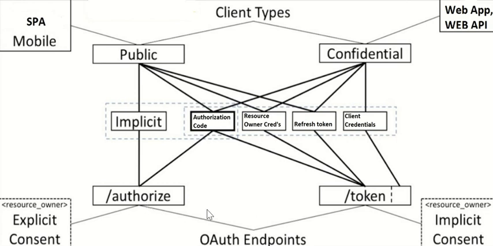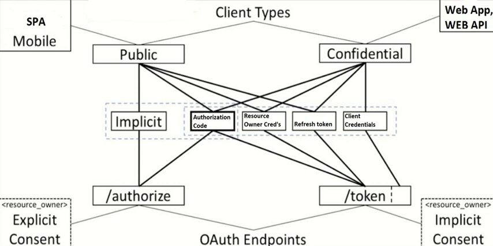That's all I wanted to explain. And when it comes to resource owner credentials, if you see the lines, it doesn't go to slash authorize. Resource owner grant type directly goes to the slash token endpoint, refresh token directly goes to slash token, and client credentials directly go to the slash token endpoint of your authorization server to get the access token.